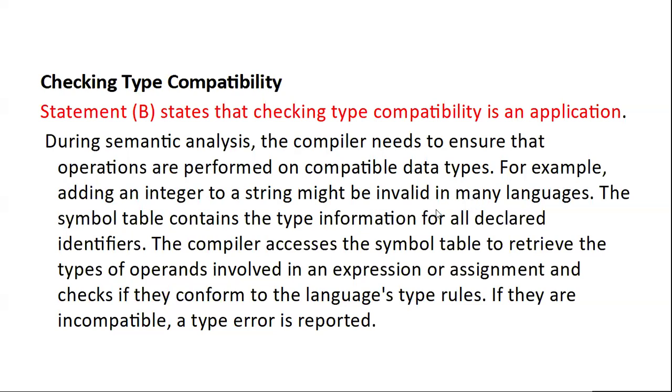In one language it may be possible to add an integer to a string, but in many languages it is not possible. So the compiler should generate an error. So checking type compatibility is another application of a symbol table, and this should report a type error.